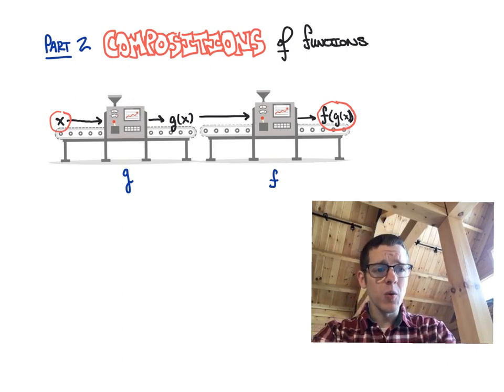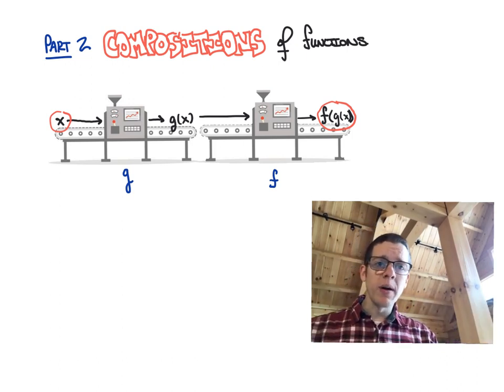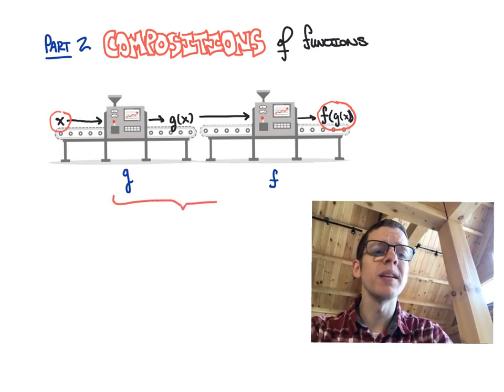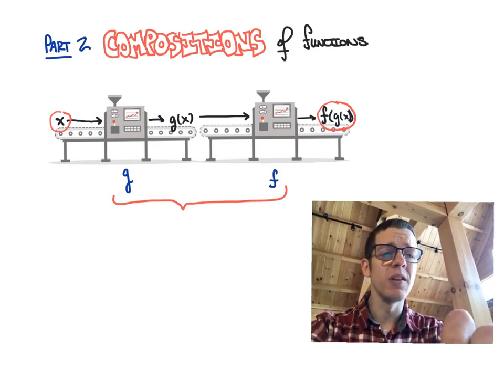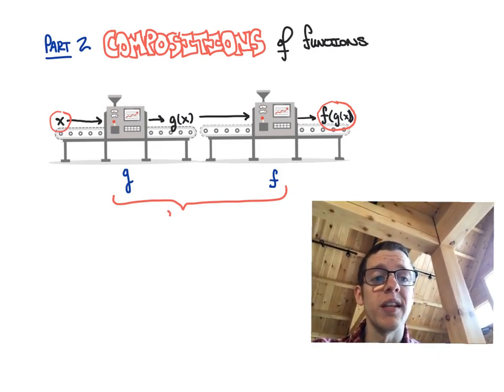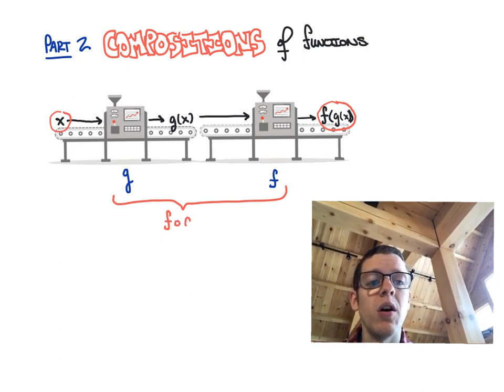Okay. So with compositions of functions, we're actually going to combine this into one conveyor belt, one machine, and we're going to give it a new name. So we're going to take these 2 machines and basically combine them together. We give it a new name called the composition. And the composition we write as f with a little o of g.